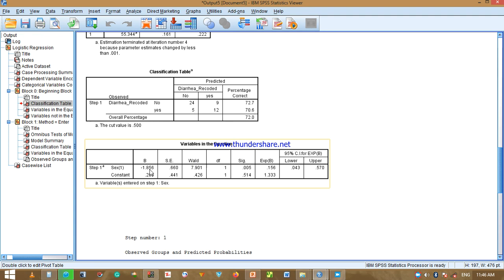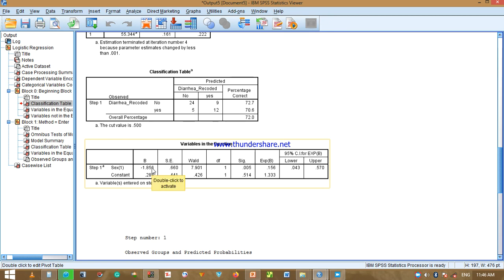What does it tell us? It tells us there is a negative or reverse relationship. That means as you move from the female to the male category, being male is protective. It's negative. Therefore, males are less likely to be exposed to diarrhea as compared to females. That's what it tells us.